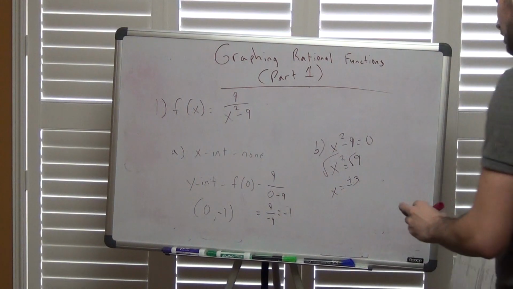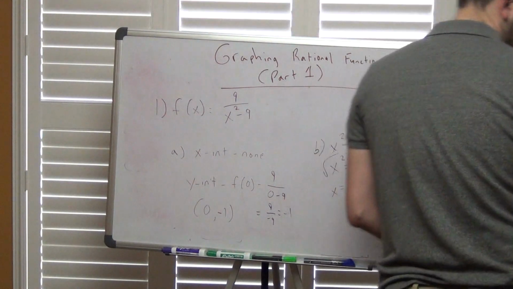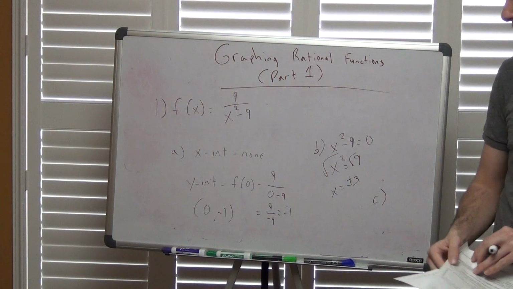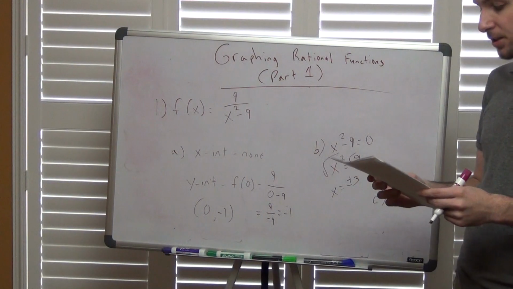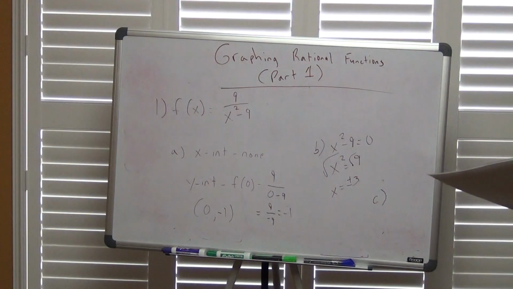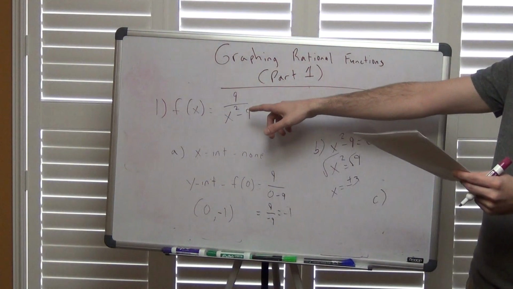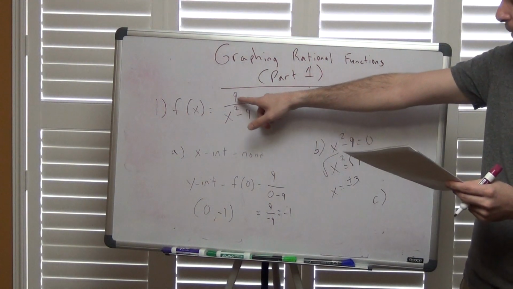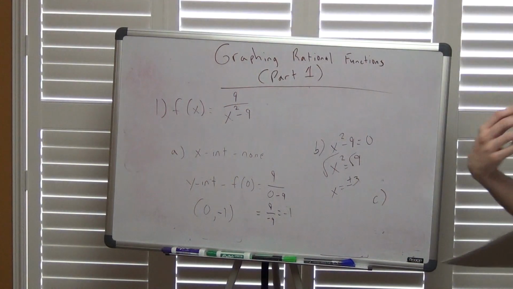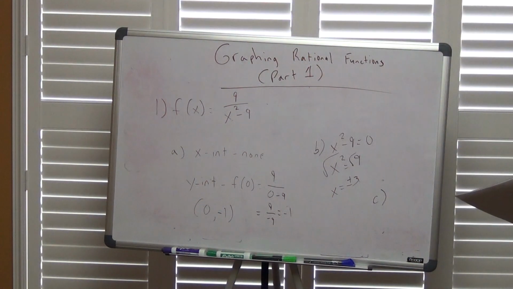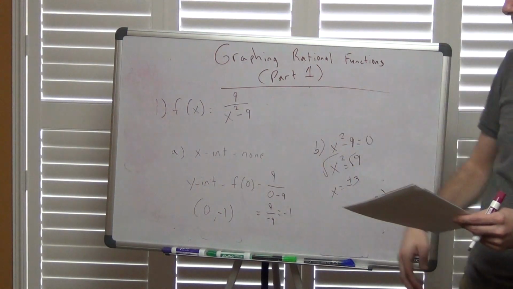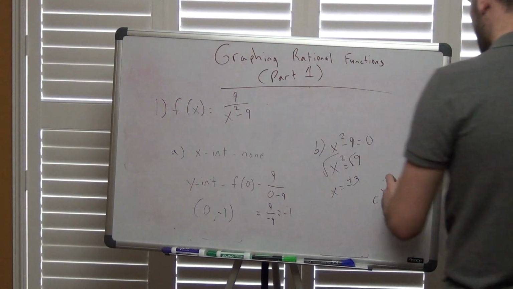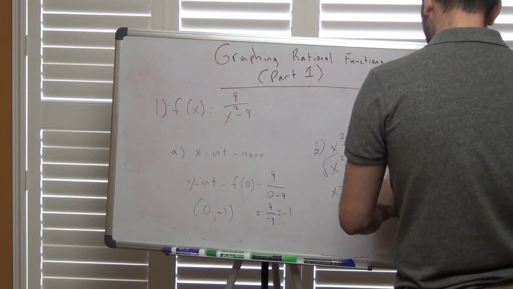My horizontal asymptotes, okay, we got to go to my rules now, okay? So we got the 3 rules there. So n is on the top, m is on the bottom, okay? So the power on the top is less than the power on the bottom. This has a power of 0. There's no power of x up there. This has a power of 2. So since the power is less on the top than on the bottom, that means that the horizontal asymptote is the x-axis.